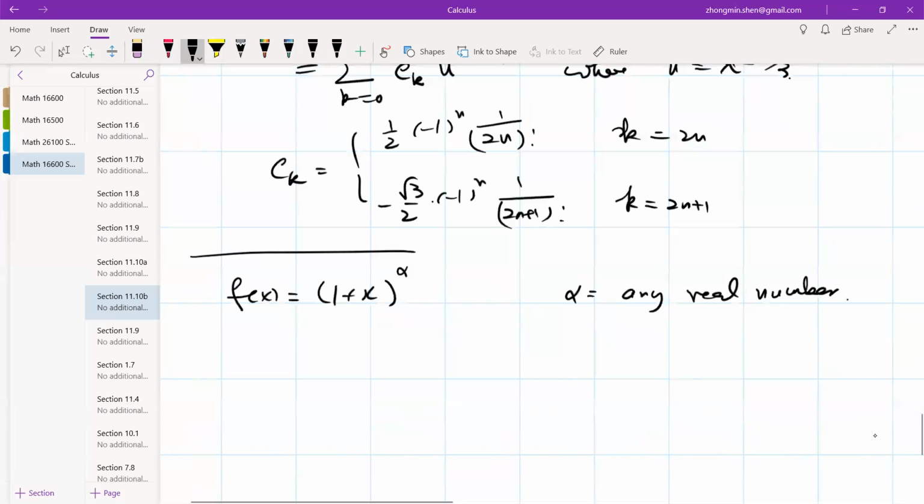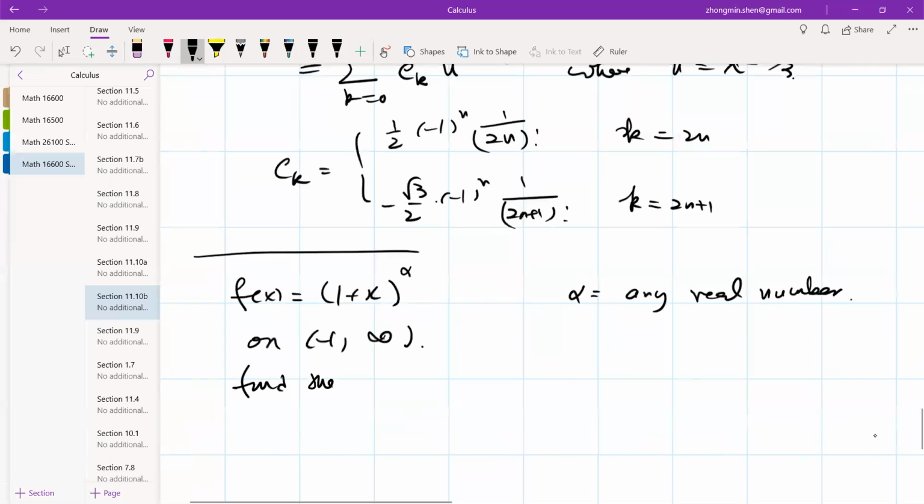It is defined on the interval from -1 to positive infinity. All right, so I'm going to find the power series representation at x equals 0.